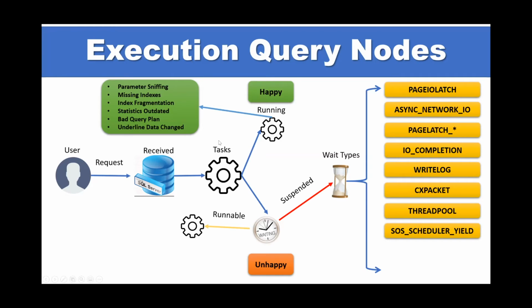And then there is SOS scheduler yield. This typically indicates you may be under CPU pressure. So what happens if the processing of the thread is not completed, and for example all resources are available for this thread?